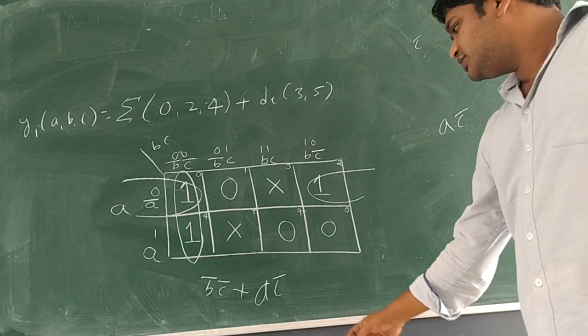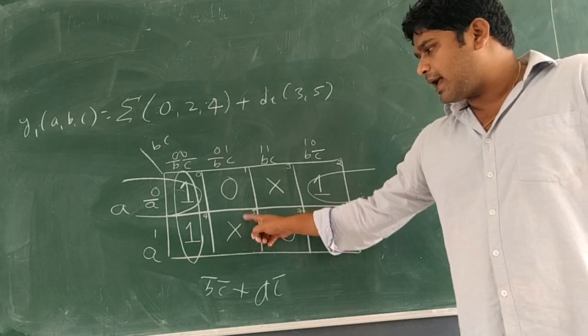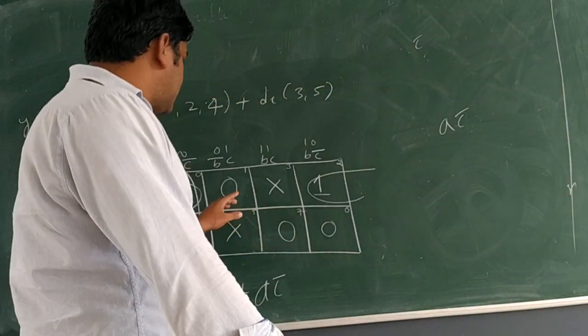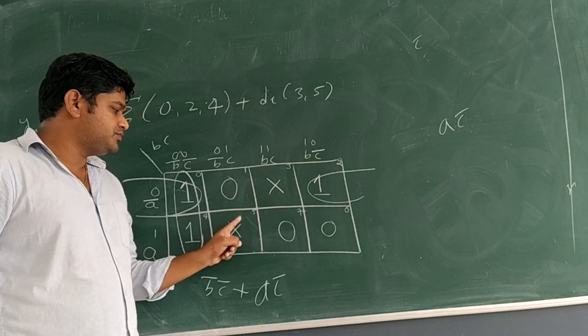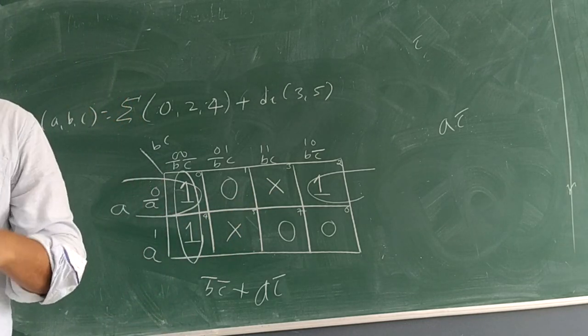Okay, now this will be correct if we consider don't care as 0. That means assume x as 0 on both sides, so the problem will be solved.